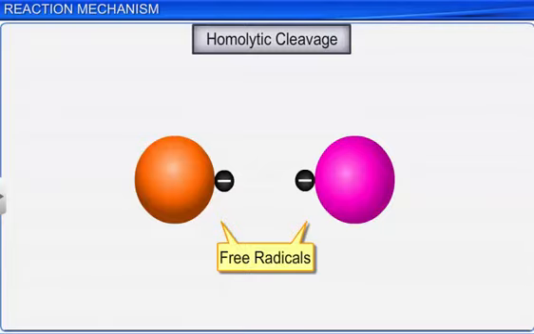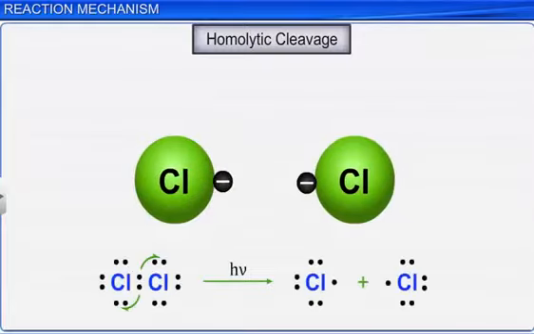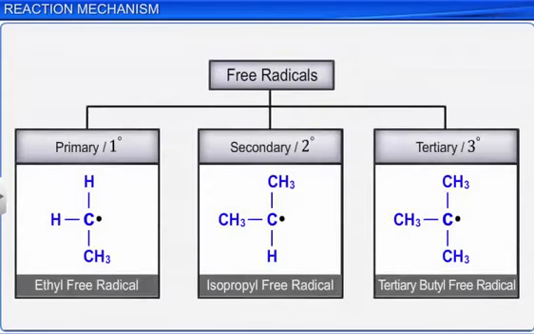For example, the homolytic cleavage of the chlorine-chlorine bond in chlorine molecules, induced by heat or light, leads to the formation of two chlorine free radicals. Depending on the number of alkyl groups directly attached to the carbon free radical, alkyl free radicals are classified as primary, secondary, and tertiary.